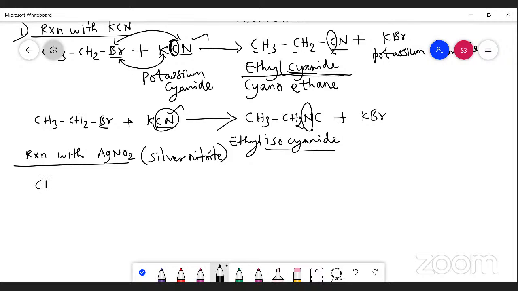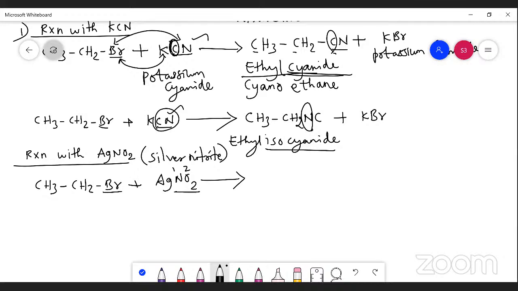You take CH3CH2Br, a haloalkane, ethyl bromide, and add silver nitrite. In the haloalkane, Br is the leaving group, and in silver nitrite, NO2 is the nucleophile. But I said nitrite is an ambident nucleophile. In that nitrite, nitrogen can be attached, or oxygen can be attached.